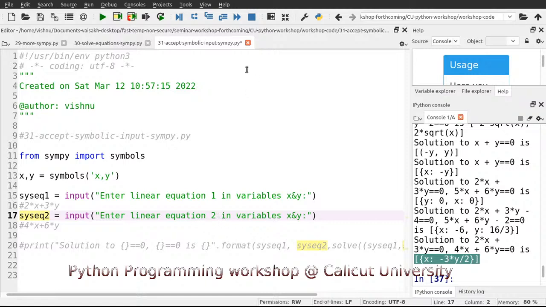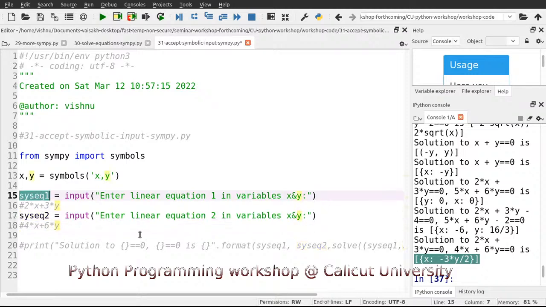So our aim is essentially to accept an input. Okay, let us try to accept the input.